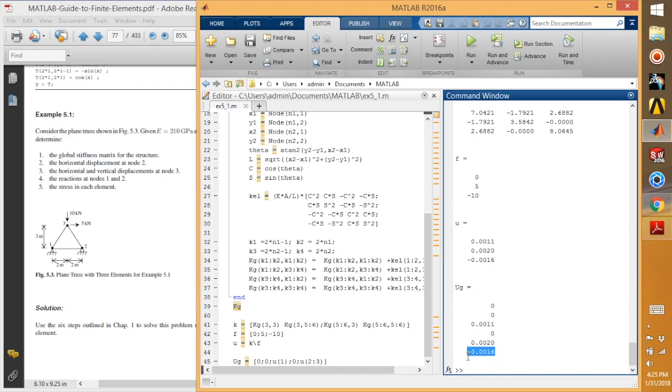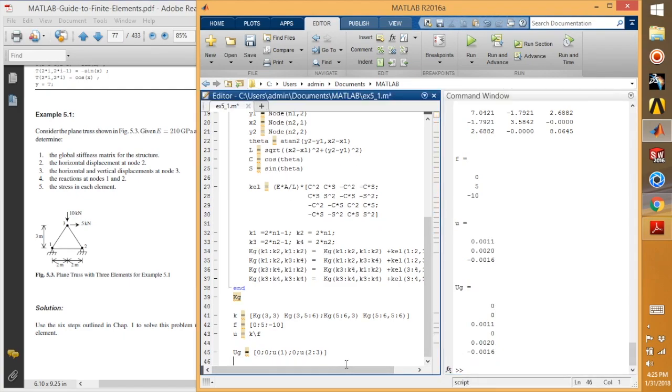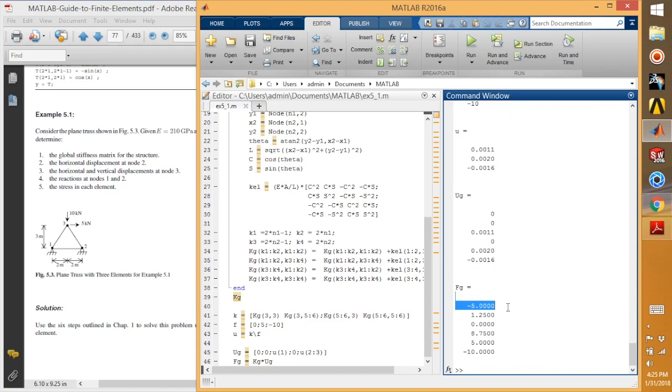Now we can find the global force, which can be given by global stiffness matrix times U of G. So these are the reaction forces, which are horizontal and vertical reaction forces: 5 kilonewton and minus 1.25.